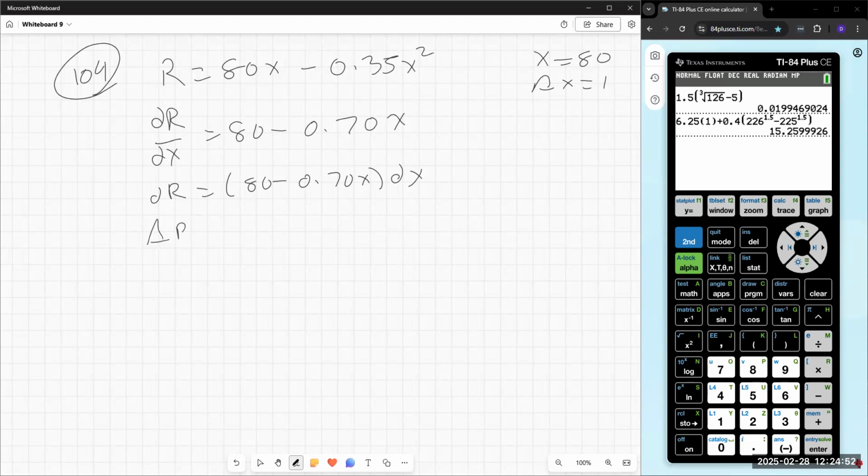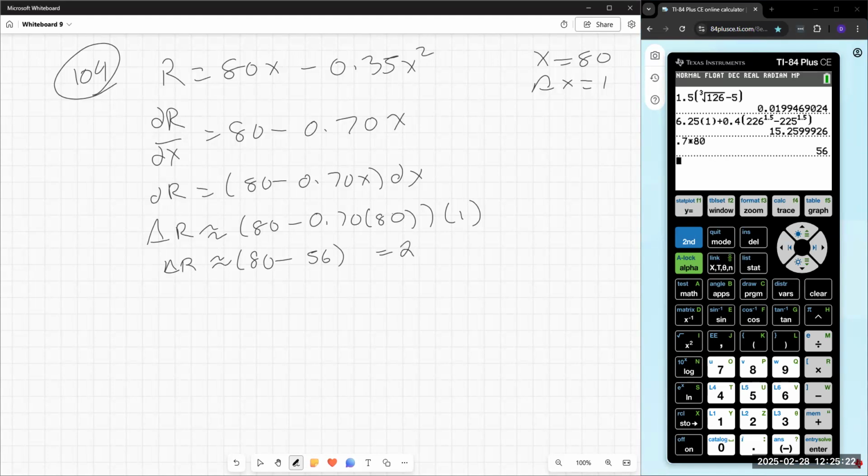So delta R is approximately 80 minus 0.70 times 80, times a 1 out there. 0.7 times 80 is 56. 80 minus 56 is equal to 24.